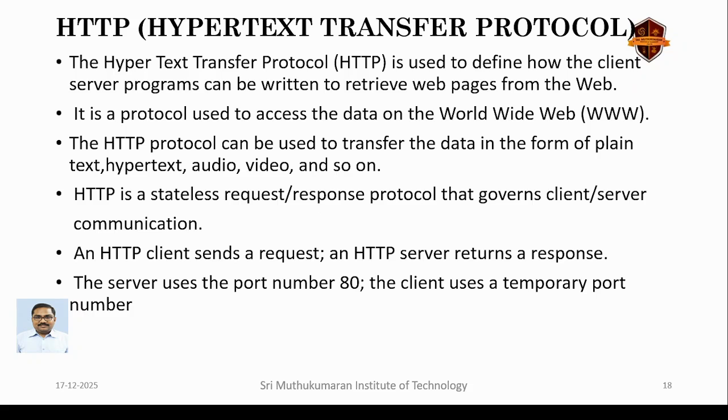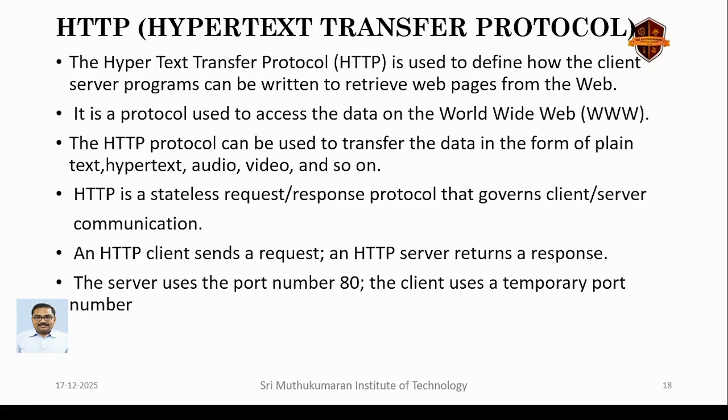Now next we go on to what is called the various application layer protocols, in which the first protocol is hypertext transfer protocol. This protocol is used to access the data on the World Wide Web, or you can also call this the internet. And also this protocol is used to transfer the data in the form of plain text, hypertext, audio or video, and so on.